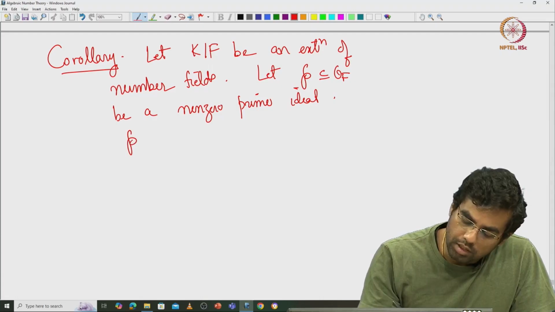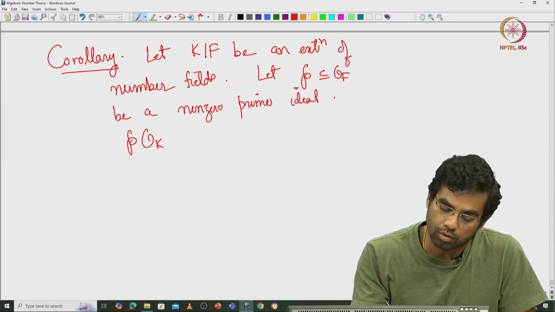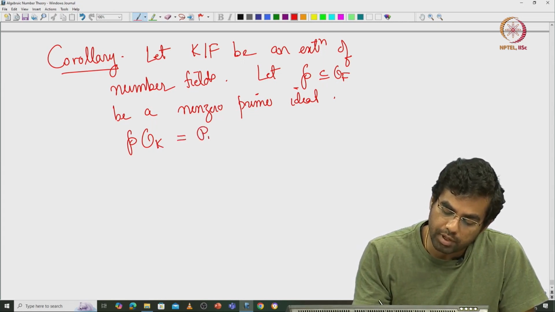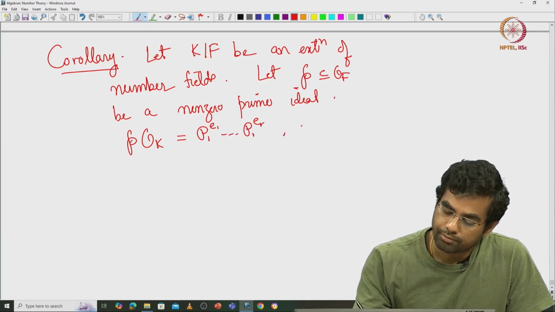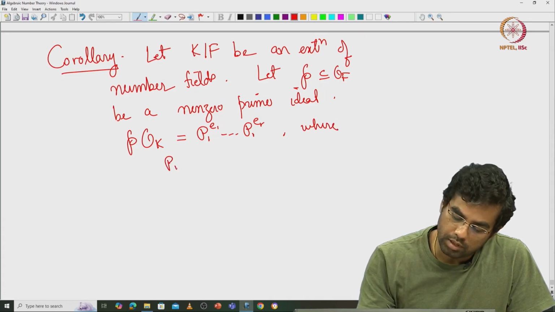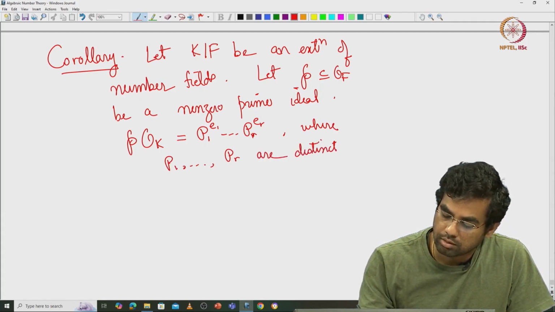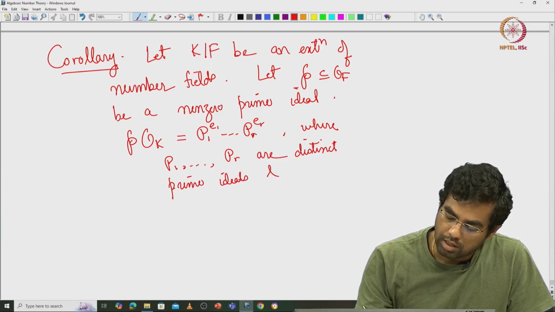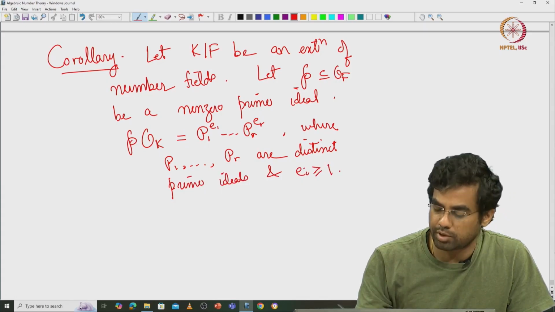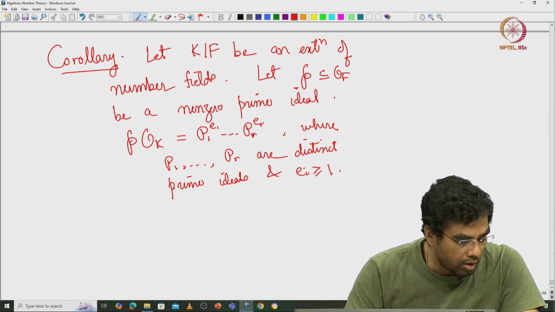Then you can take P O_K. This is a non-zero ideal in O_K, and so this will be a product of some prime ideals, which we will denote P1 to the e1 up to Pr to the er, where P1 up to Pr are distinct non-zero prime ideals, and the e_i are integers bigger than or equal to 1, natural numbers.